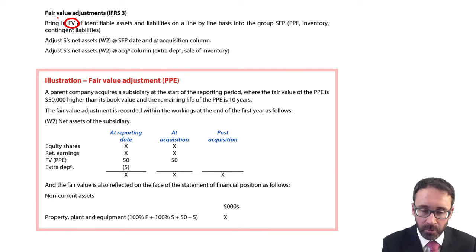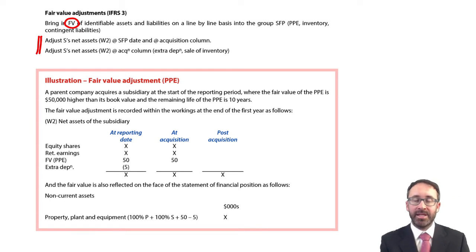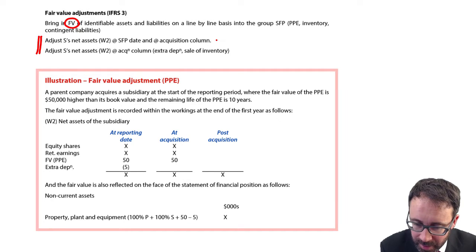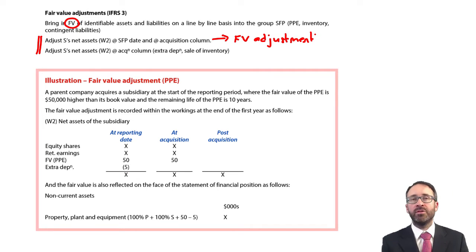Well, the key bit is that we're adjusting S's net assets. Okay. So the first thing that we go through and do is we adjust the net assets at the statement of financial position date and at the acquisition date column. So that there is your fair value adjustment, the difference between the carrying value and the fair value.